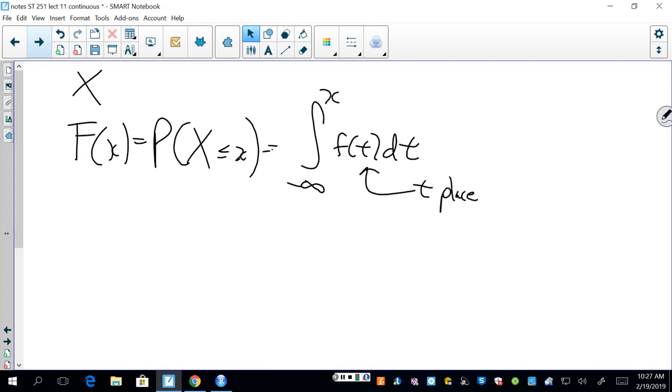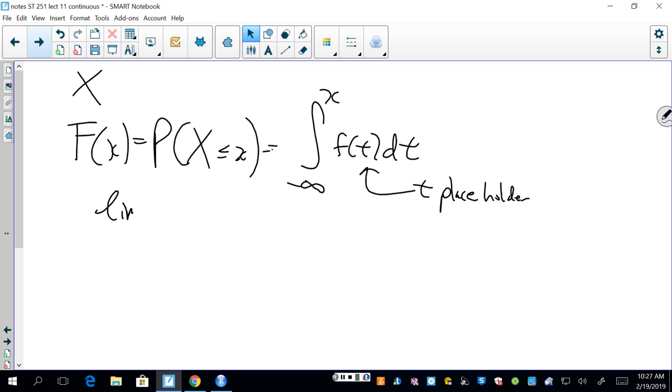Because the limit, as I write it up there, is up to a value x, I don't want to put x inside the equation, so I usually put a placeholder in there to make the integral work out. We'll see one or two examples like that. Right?